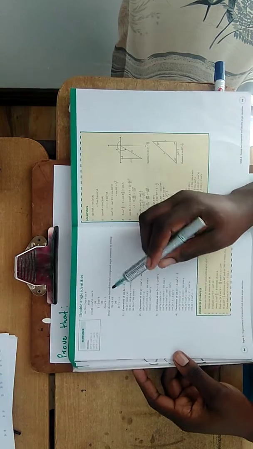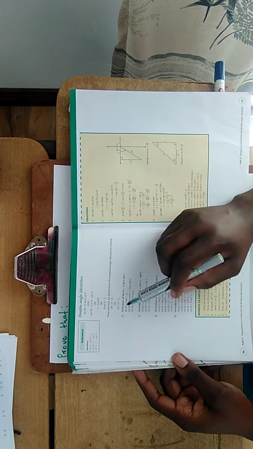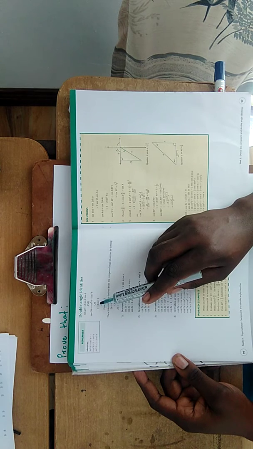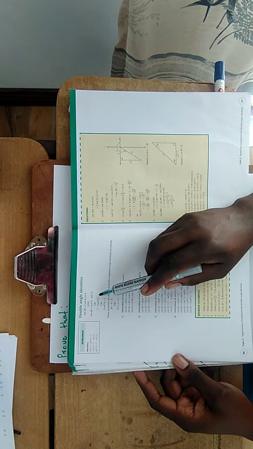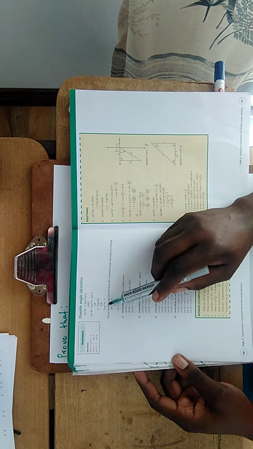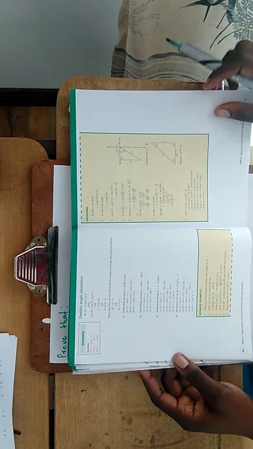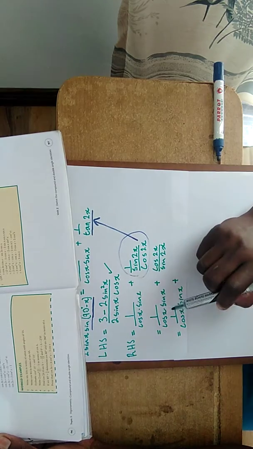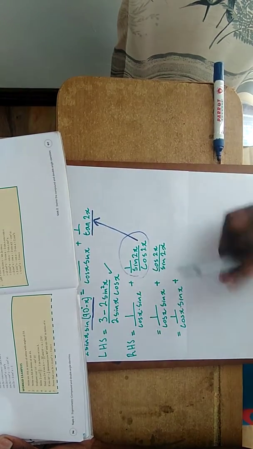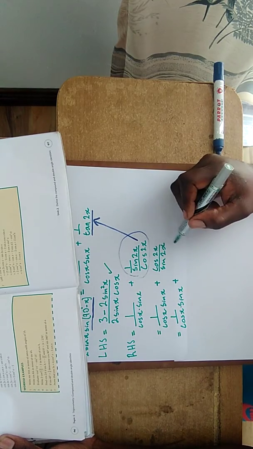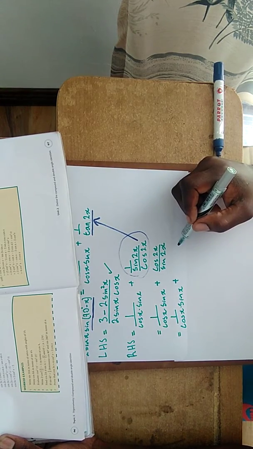So here it shows that our cos 2x, we can write it as cos squared x minus sine squared x, or 1 minus 2 sine squared x, or 2 cos squared x minus 1. When I look at my left hand side, it is the one that is going to guide me for cos 2x.